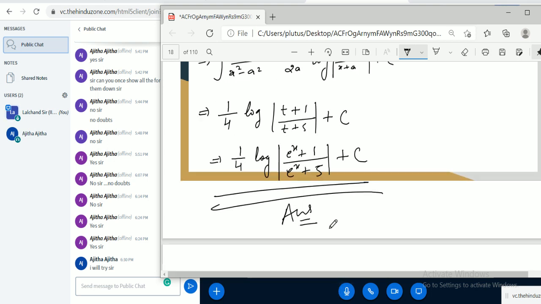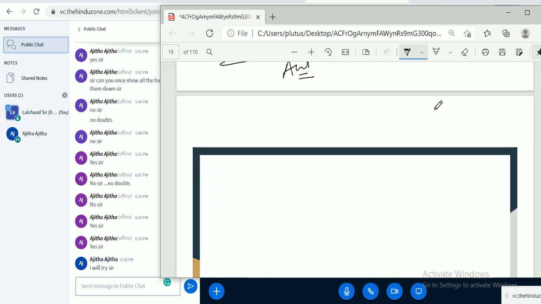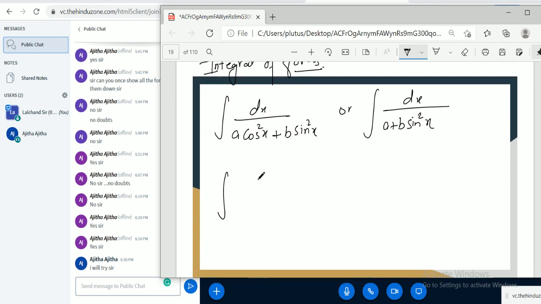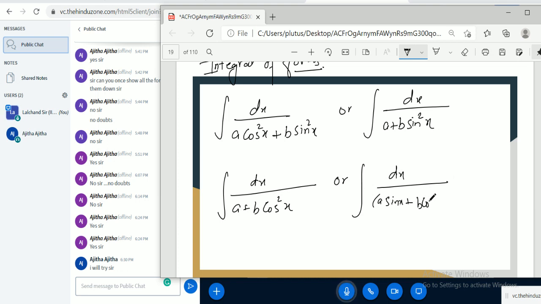Okay, so next is the integral of forms: 1 over a cos square x plus b sin square x, or 1 over a plus b sin square x dx, 1 over a plus b cos square x, or integral dx over a sin x plus b cos x also.